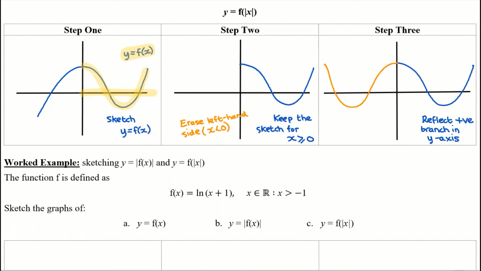So the whole sketch, I mean, the whole thing is y is equal to f of the modulus of x. So as confusing and complicated as that looks, the sketching isn't actually too bad. So you now have in your notes a step-by-step guide of how to sketch these modulus functions.